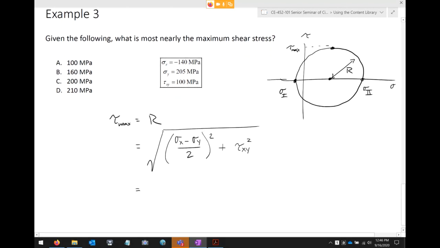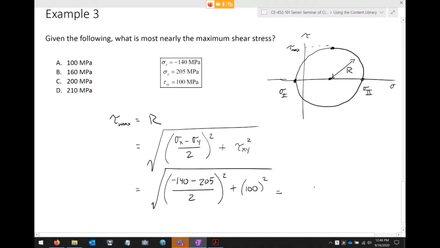All right, so I start plugging in. I've got minus 140, not 40. 140 minus 205 divided by 2. Take that quantity and square it. Plus 100 squared. And so what does that come out to be?